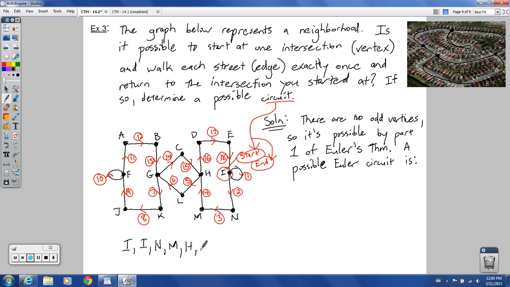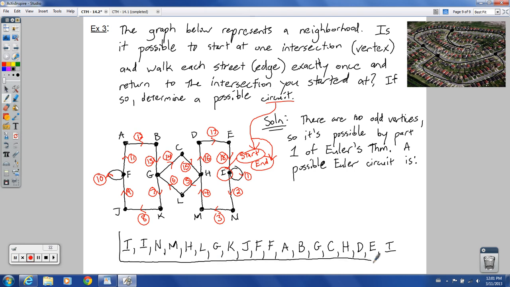So to H, then L, then G, then K, then J, and then F, and back to F. We made the loop right there, back to F, and then to A, B, G, C, back to H, then to D, to E, and then finally back to I where we started. So this would be how we would write our Euler circuit.